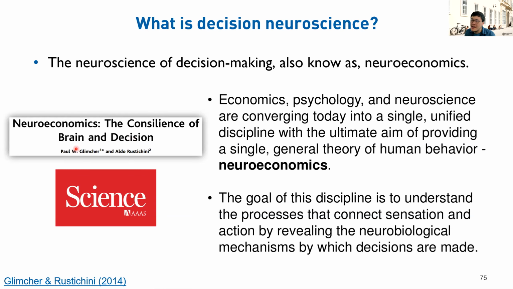And from a few years ago, there is an emerging term in the literature or in the field. It is called neuroeconomics. And neuroeconomics is actually more or less equivalent to decision neuroscience. Economics is a larger field. They study everything, but neuroeconomics is the smaller one, especially it uses neuroscientific approaches to study microeconomics.